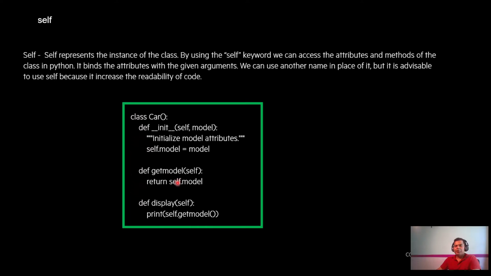What we are doing, we are again referring the instance data. Similarly, we can refer the members as well. So we have the get model, which is the member of the class. And now using the self, we are calling the get model. So self can access data and self can also access the methods.